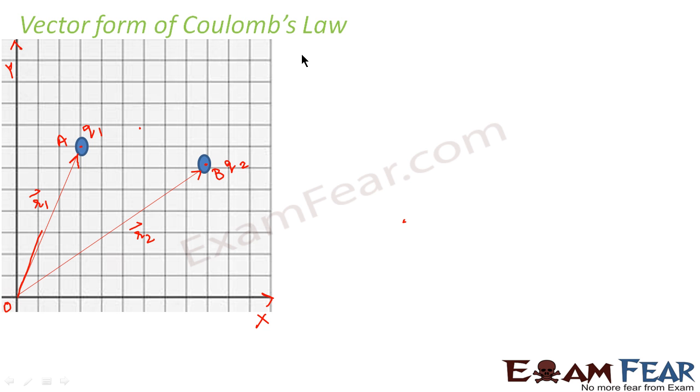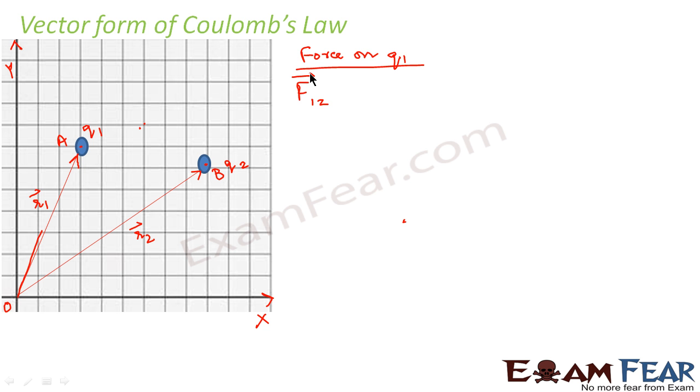So first of all, let us calculate the force on Q1. Let us focus on one charge first. So the force on Q1 due to Q2. How do we denote that? We denote it like this: F12.